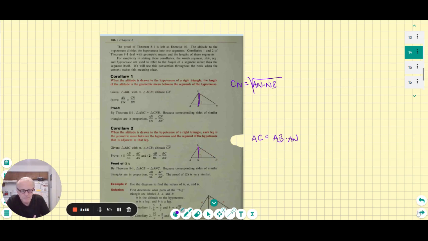All right, and then example 4 is an example of finding the values of w, x, y, and z. Here's one where you have the altitude drawn to the hypotenuse of this bigger right triangle.